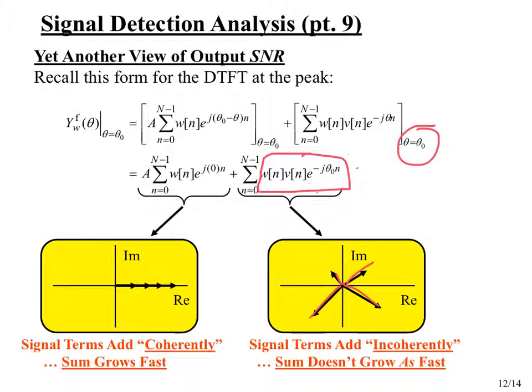So that does grow, but it grows incoherently because all these vectors are just randomly floating all over the place. And so they don't add coherently, they add incoherently. So this idea of something adding coherently, all lined up on a complex plane, versus adding incoherently, not lined up on a complex plane, that's a big, big idea.